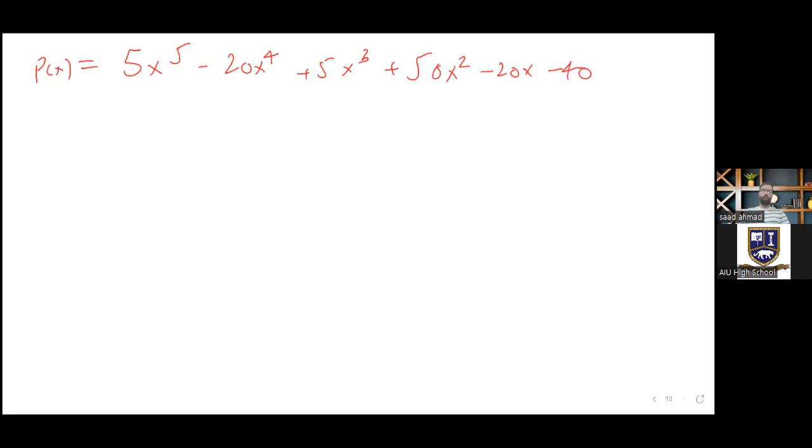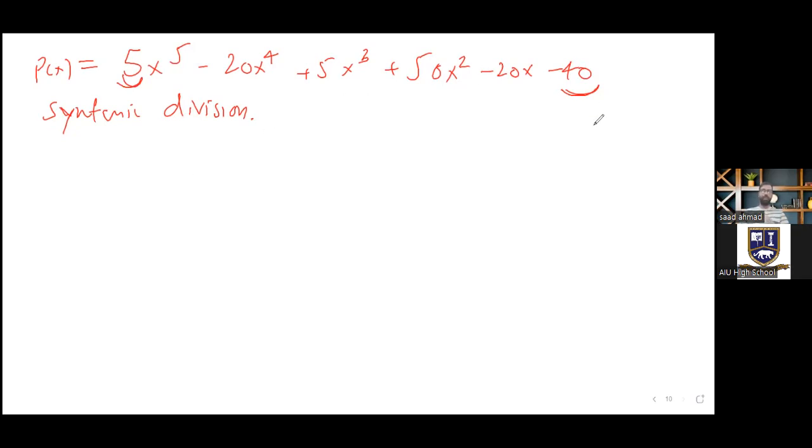All right, so we want to find the roots of this one. So I assume that you may be familiar with the synthetic division. So we will use that synthetic division to find the roots for this one. So what you look at is the last number and the first number, and you see which numbers can divide it.